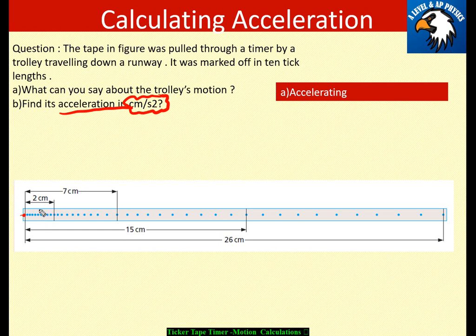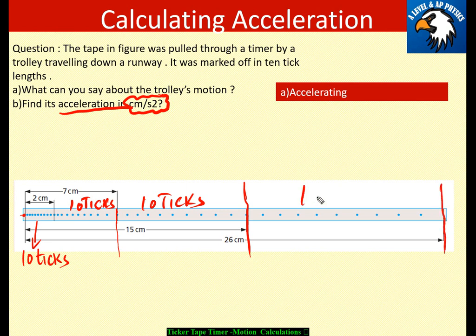In this time interval the number of ticks is 10. We have already marked this tape, and here the number of ticks is also 10, and between these two points is also 10 ticks, and here also 10 ticks.